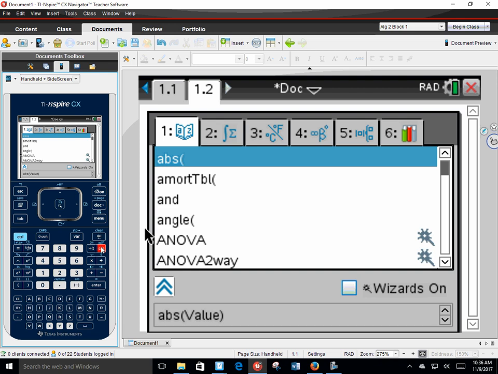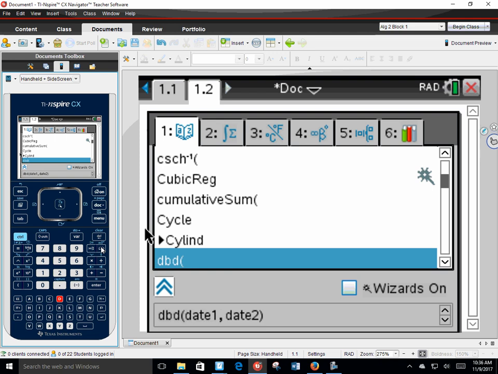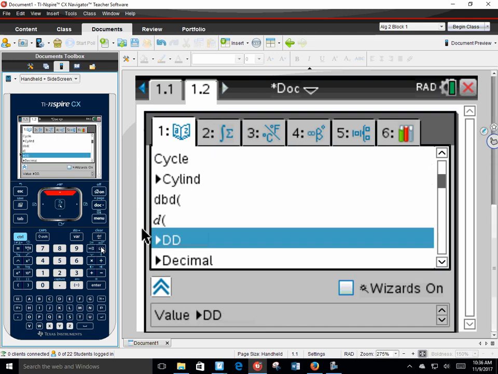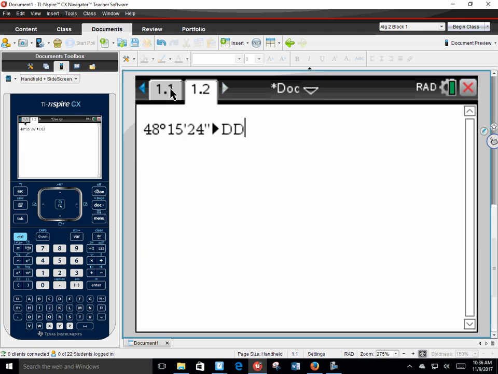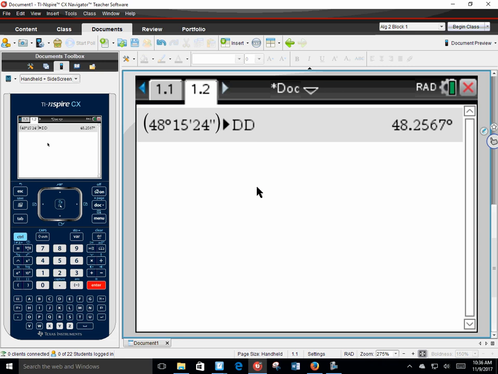And I'm going to push the letter D to get the different options, apps, if you will, so I can start with the D options. Oh, there it is, DD for decimal degree. And I push enter and it asks, do you want to convert this to decimal degree? Why, yes, I do. And I get 48.2567 degrees.